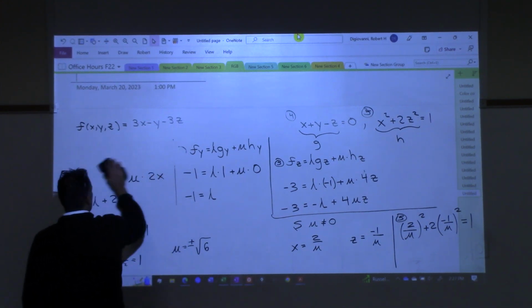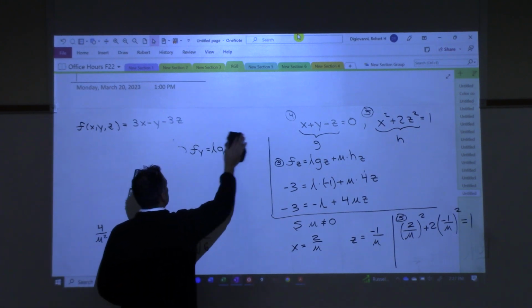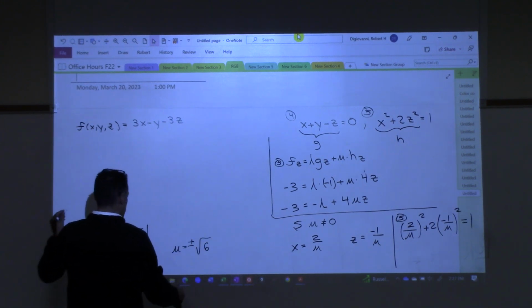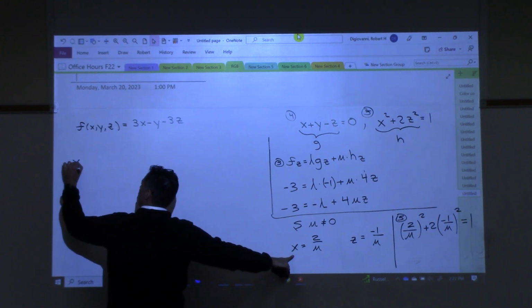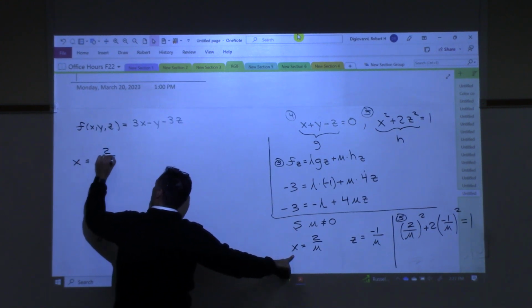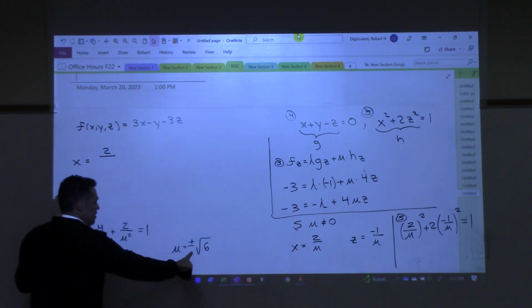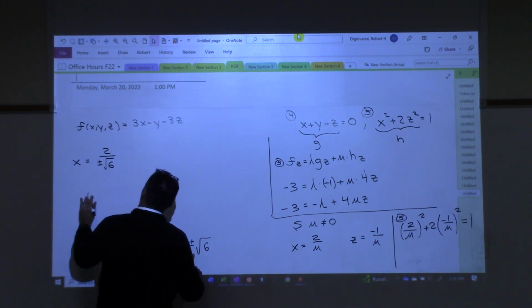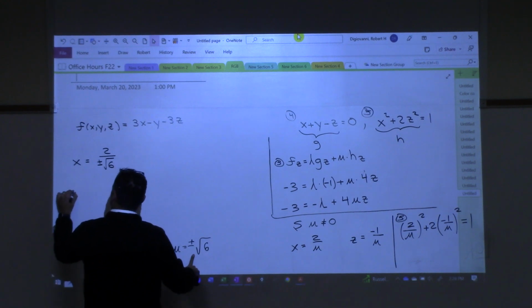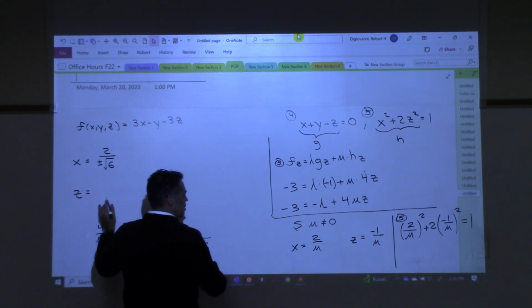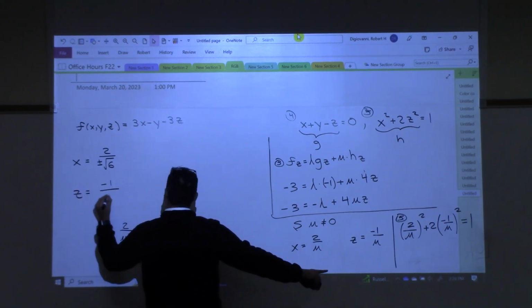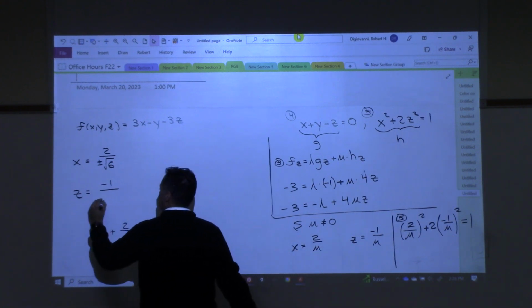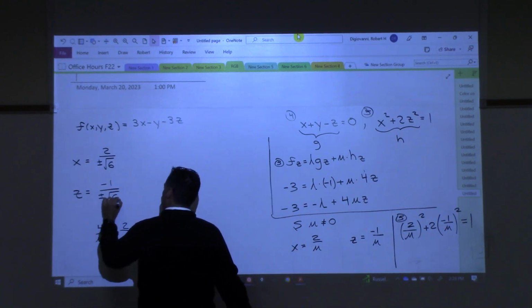I'm ready to erase this. Here's what I have. x is equal to 2 over mu, but mu is plus or minus root 6. And then I know that z is equal to negative 1 over mu, but mu is plus or minus root 6.